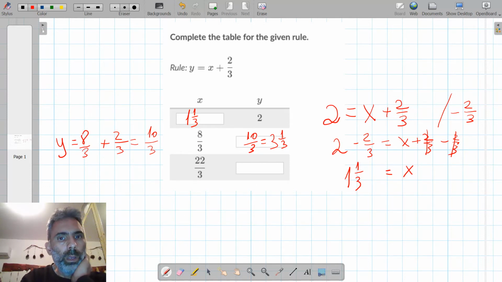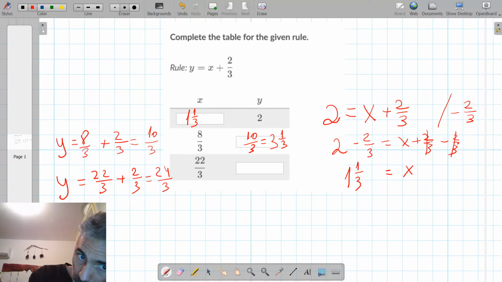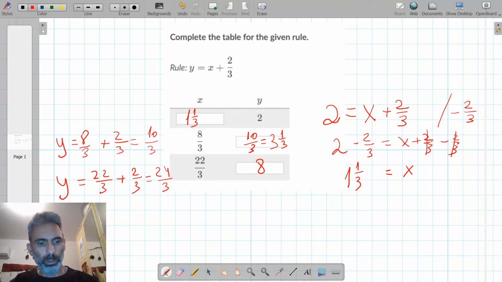And if x equals 22 over 3, then y equals 22 over 3 plus 2/3, which means y equals 24 over 3, and in simplified form, 24 divided by 3, y equals 8.